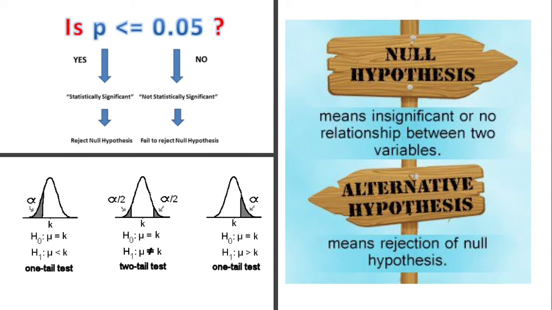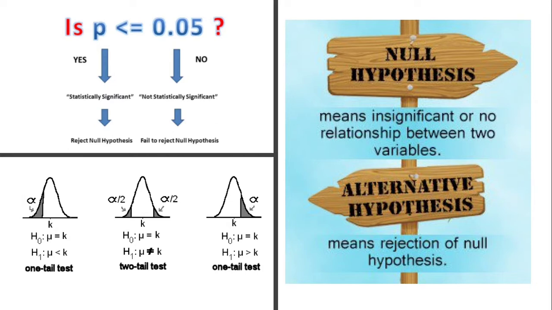So we've talked about the null hypothesis, and in research studies and inferential statistics, what you're trying to do is to disprove the null hypothesis. The null hypothesis simply states that there's no significance or no relationship between two variables.